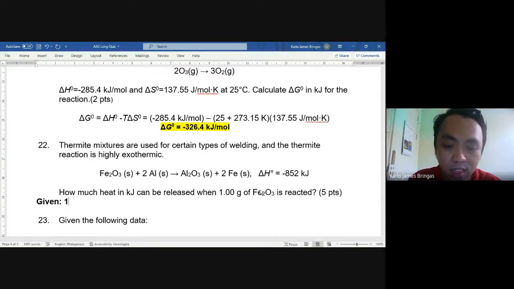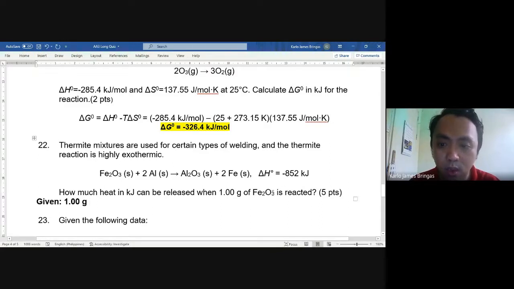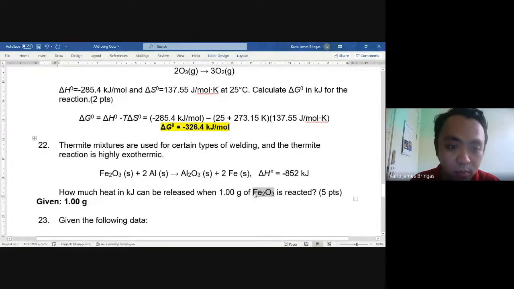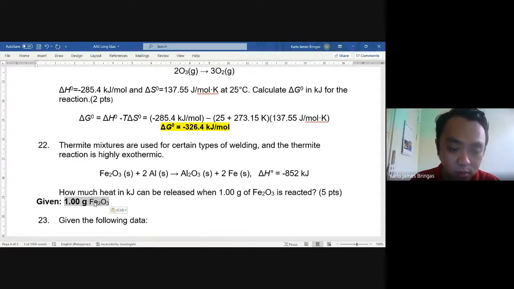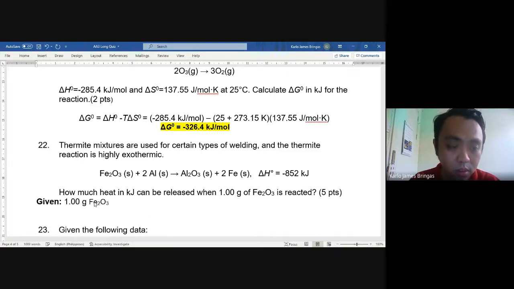We're given the mass of our Fe2O3. It's 1 gram of this one. And from this, we're supposed to find how much heat is generated when 1 gram of the Fe2O3 is reacted.